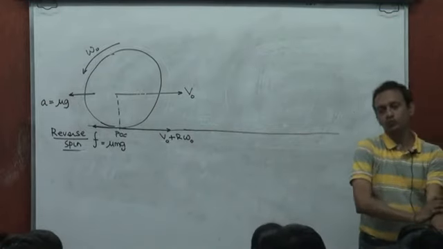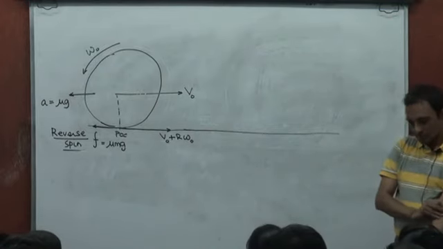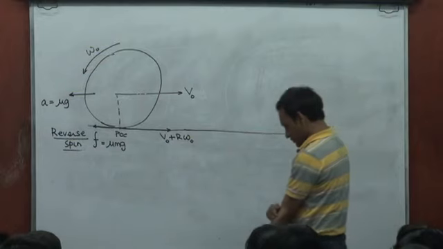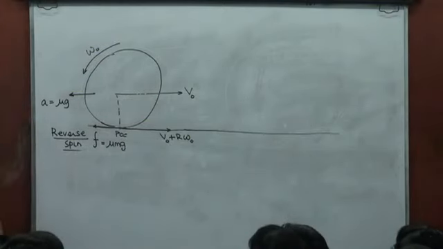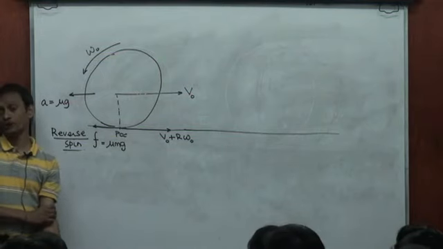Now, both the velocity of the center of mass and omega are coming closer and closer to 0.